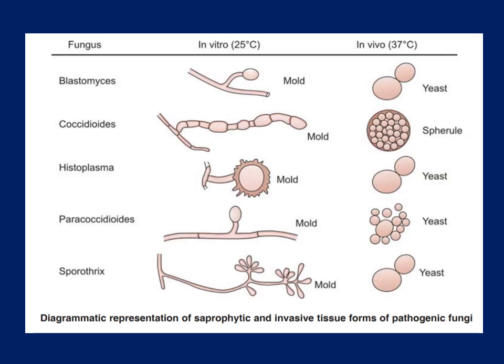Histoplasma usually looks like a mold in vitro, while it's a typical yeast in vivo. Paracoccidioides also looks like a mold, and in vivo it is a yeast with budding daughter cells, as you can see. Sporothrix is the same here.